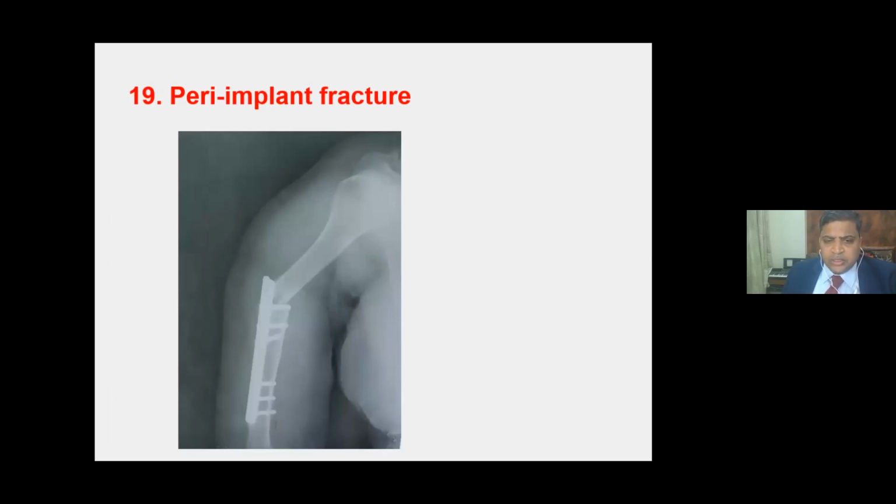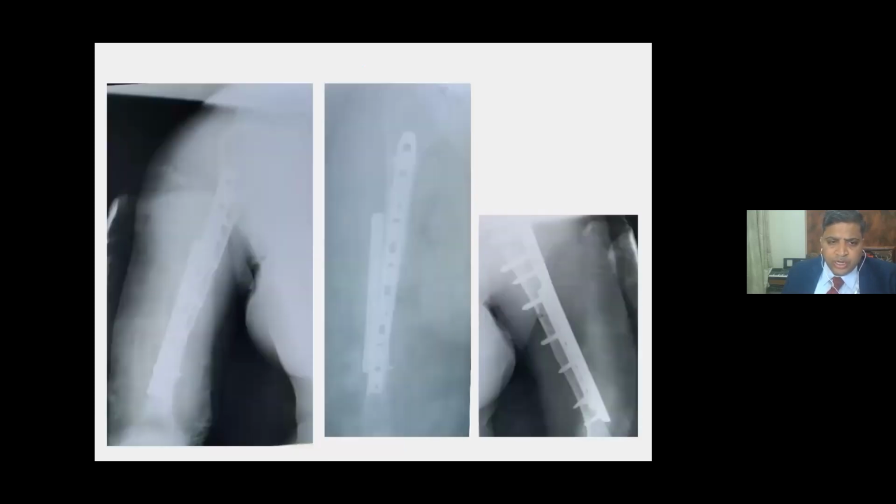And again, the best thing would be to take out the plate if it is possible and go for replating. Here we were not able to take out a few screws, so I put the plate on the other surface which is available for the humerus. Again, a long plate with a good hold of this fragment and a good reduction could certainly solve such complex case scenarios.